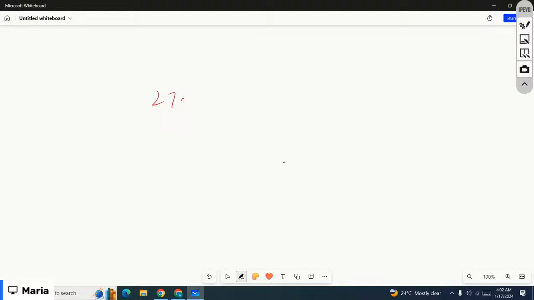For example, you have 2700. You can write 2700 in scientific form. How do you write it? You can write it as 2.7. You move the decimal point from here to here. How many places? 1, 2, 3. So that is 2.7 times 10 exponent 3.